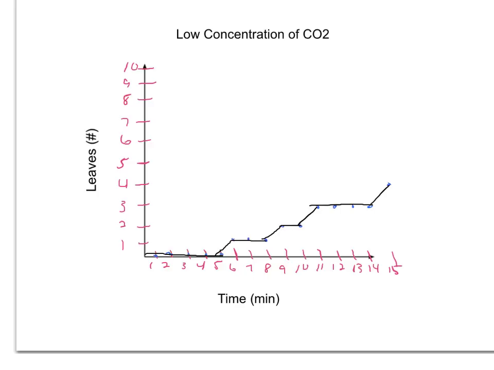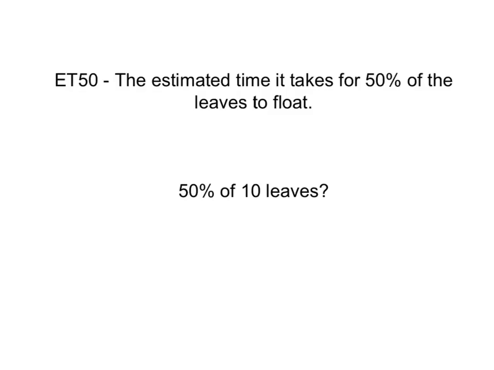Now, here's where it gets a little bit more complicated. In a simpler lab, or a lab that's not really aimed at an AP class, we would simply take the average time it took for leaves to float. However, as some of you realized, especially for our low concentration or low light intensity, some of our leaves didn't float. In many ways, you could say that it took an infinite amount of time for them to float.